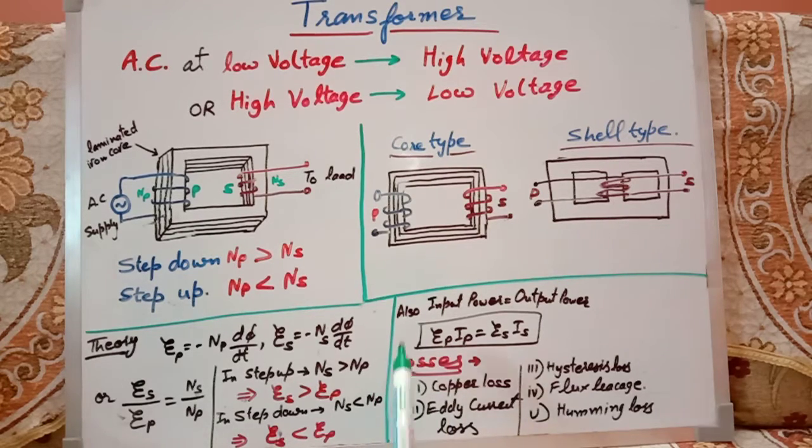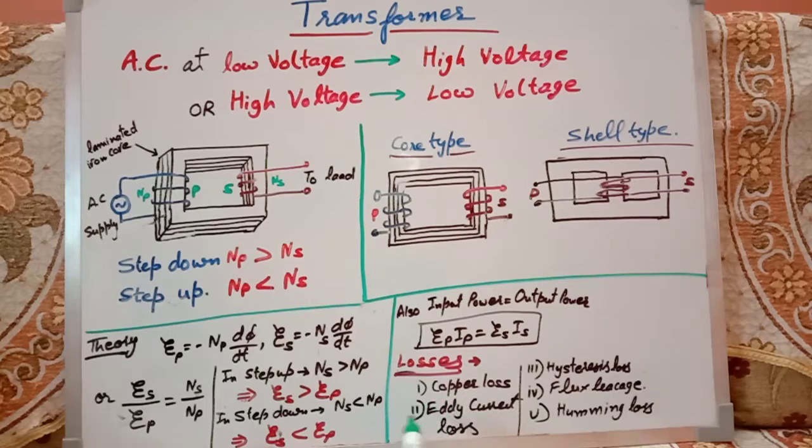The main causes of energy loss in the transformer are: number one is copper loss, due to heating of the copper wires used in the windings of the primary and secondary coils. The power loss is I square R. It can be minimized by using thick copper wires of low resistance.